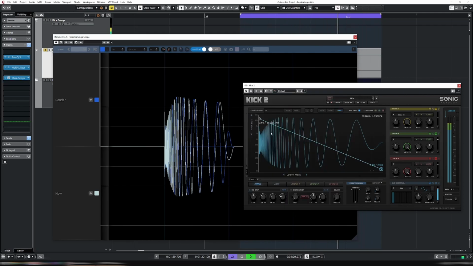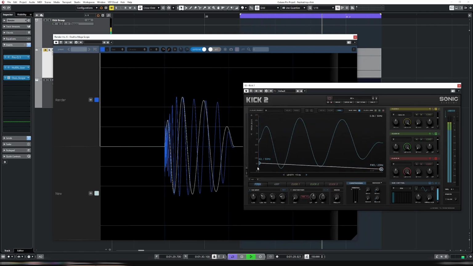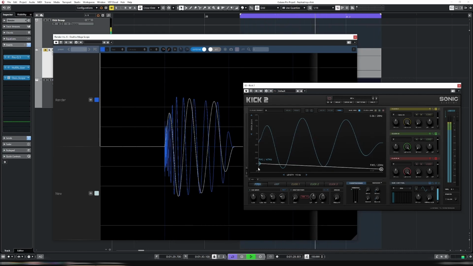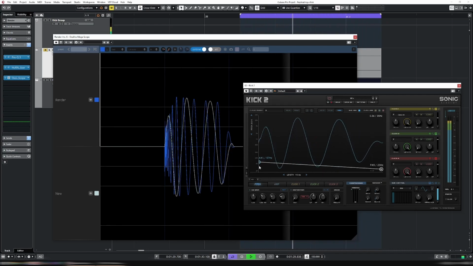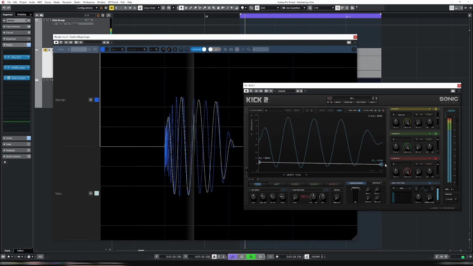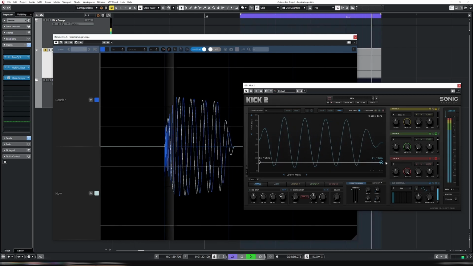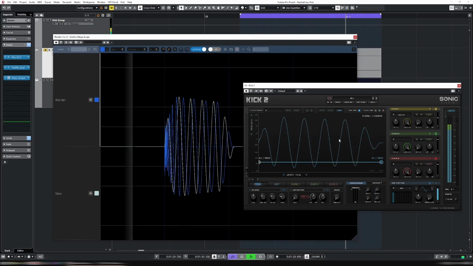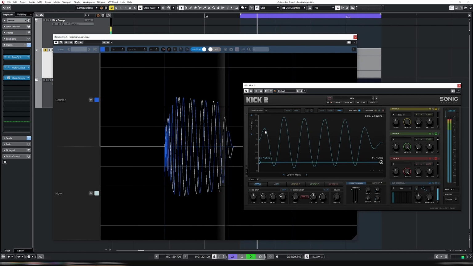So to do that, we know we should be trying for around A1, because we saw that on the reference or on the EQ. Let's go up to A1, roughly there. So we can tell that, once they're moved in phase, that looks like it will be very, very close.